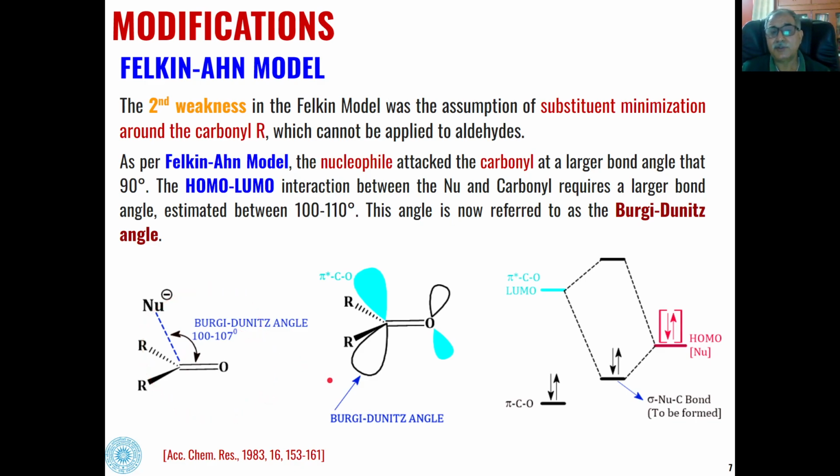Also the HOMO-LUMO interaction between the nucleophile and the carbonyl will lead to attack of the nucleophile at an angle more than 90 degrees, which is called the Bürgi-Dunitz angle.